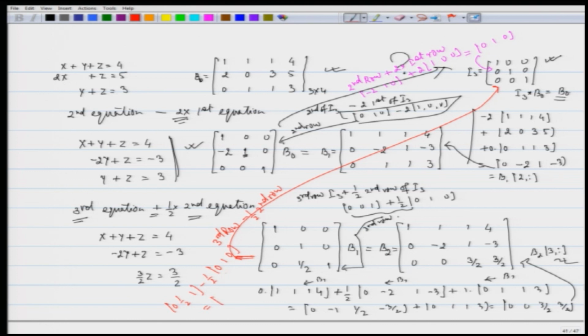Check that this is indeed equal to 0, half minus half is 0 and this is 1. So, you get back the third row of identity. Is that okay? So, you can see that in some sense I am able to get back the original part, that is the identity. We will look at them in matrix multiplication in the next class, all right.